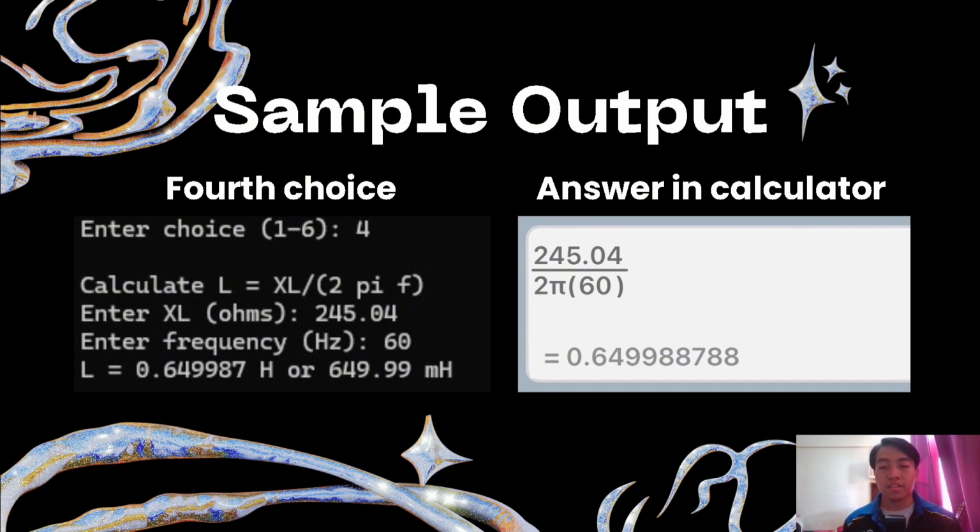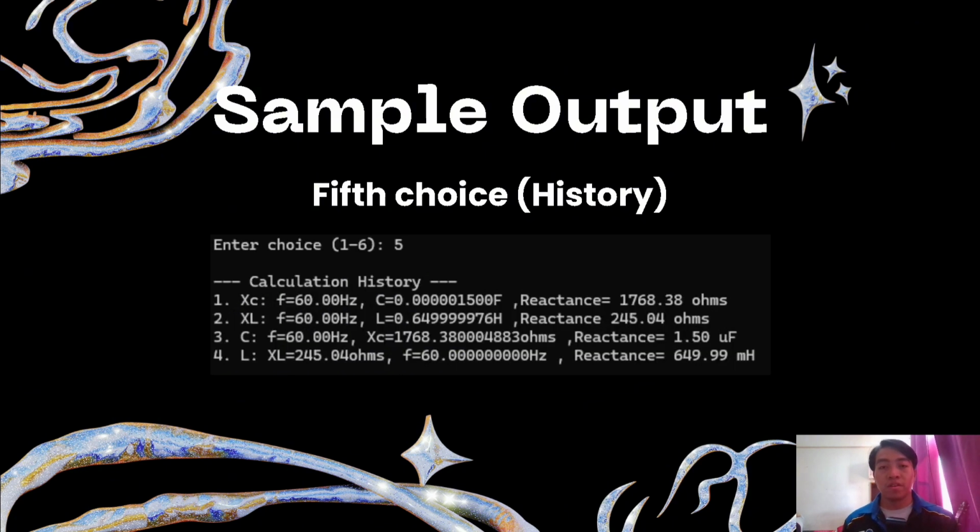We enter the ohms value, 245.04, and we enter frequency 60, and the inductor we get is 0.649 Henry or 649.99 millihenry.